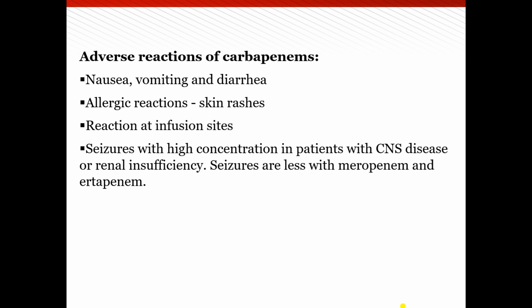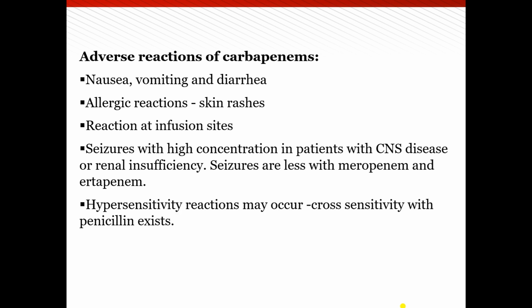Seizures are less with meropenem and ertapenem, and hypersensitivity reaction may occur because cross sensitivity with penicillin exists. So if a patient is allergic to penicillin, you cannot give the carbapenem class of drugs.